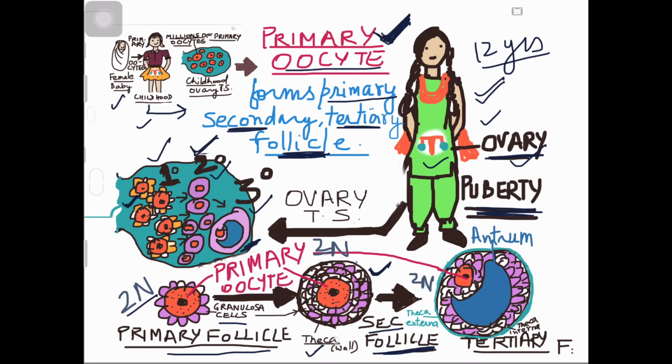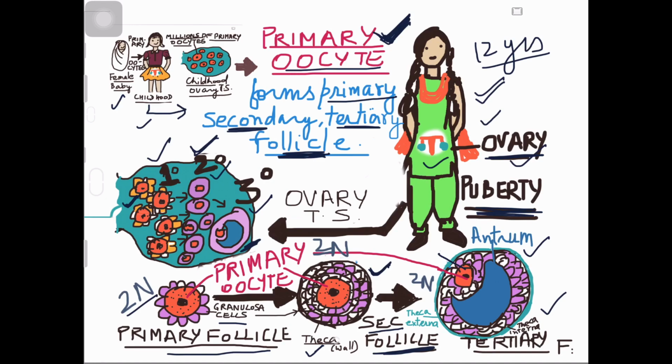Now coming to the tertiary follicle, further maturation of the primary oocyte occurs. This orange one is the primary oocyte which I have shown, and there is a fluid filled cavity called antrum. And then there are two layers, theca externa wall and theca interna.